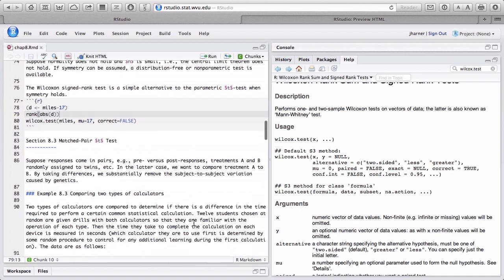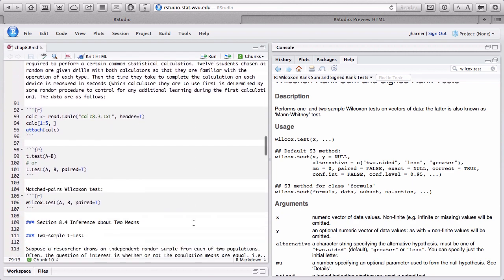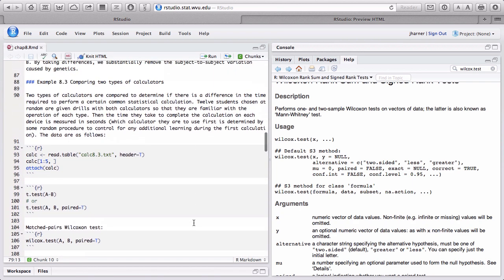Now, we talked about the match test, and I just want to comment. This was a test where we were comparing, in this simple example, calculators, and we had each student use each type of calculator. Probably should find another example since you know what a calculator is. It's calculator apps.